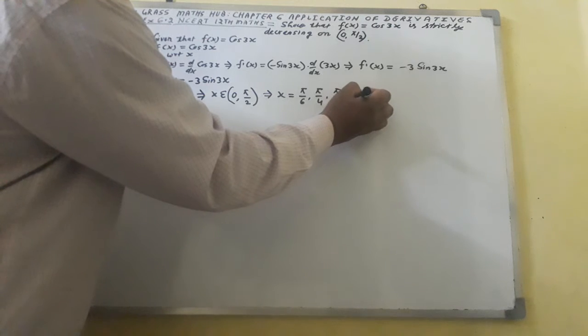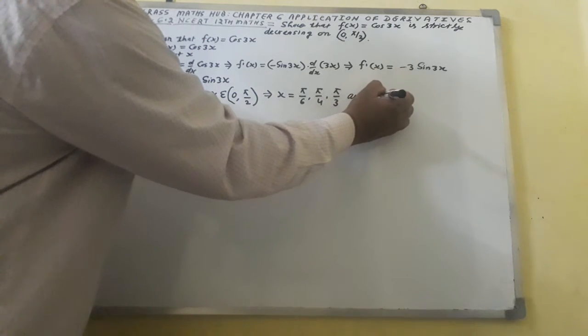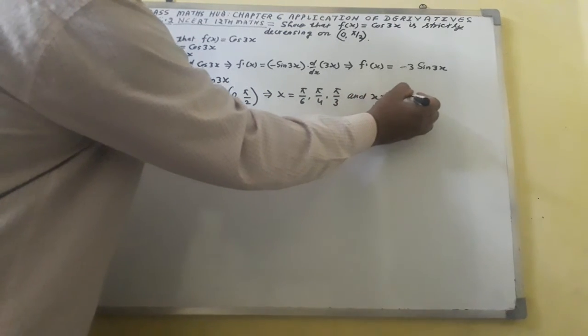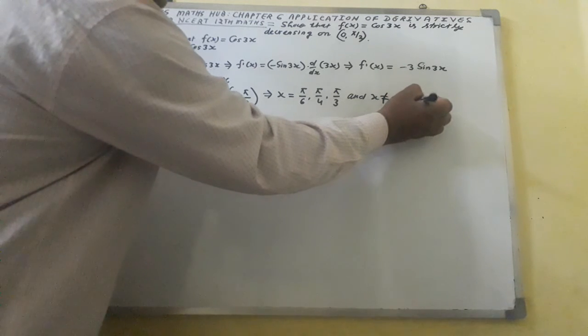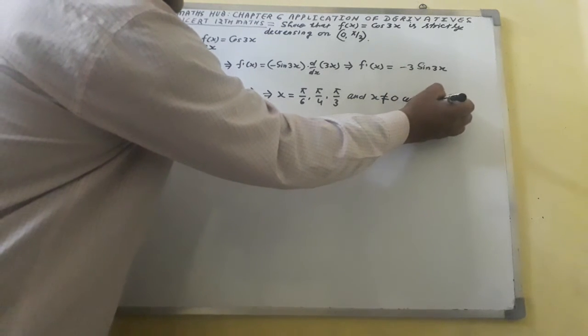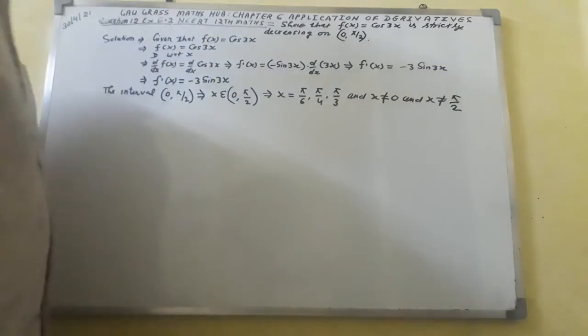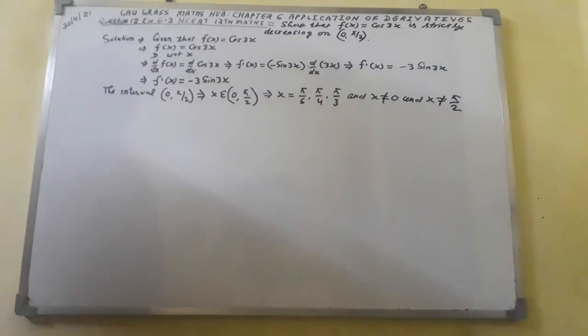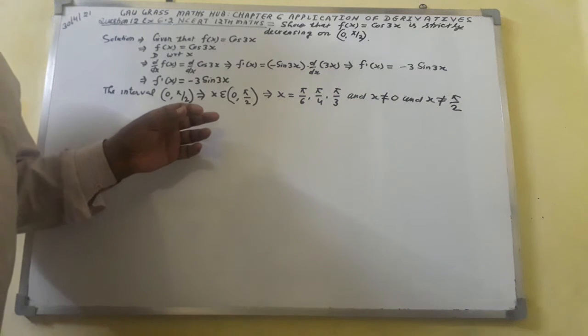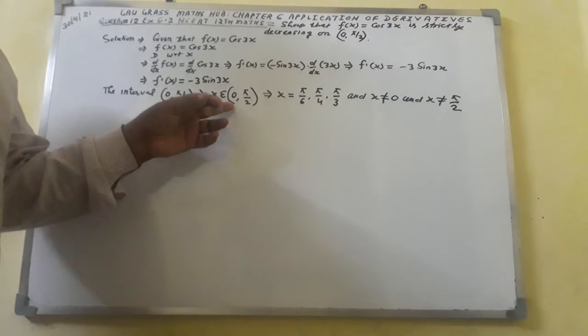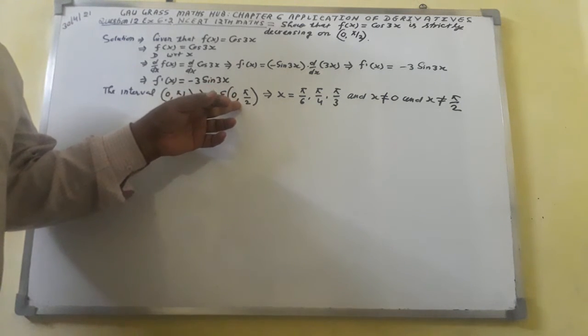And x not equal to 0 and x not equal to pi by 2. This is the definition of x belonging to the open interval 0, pi by 2.